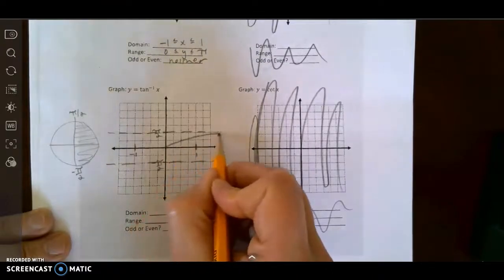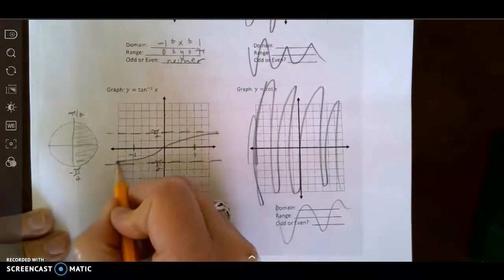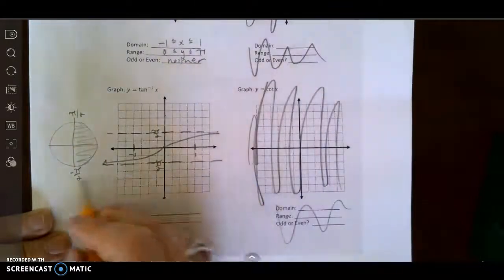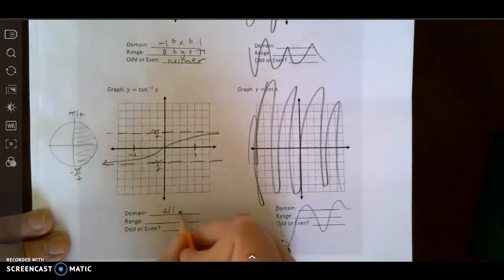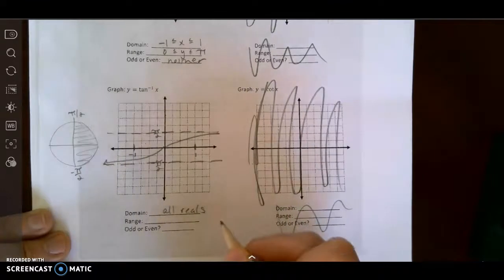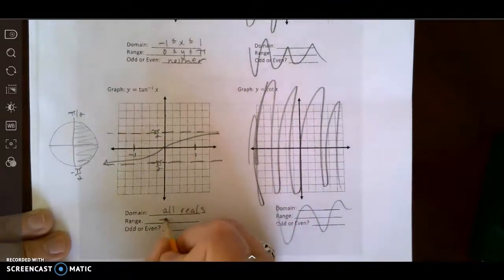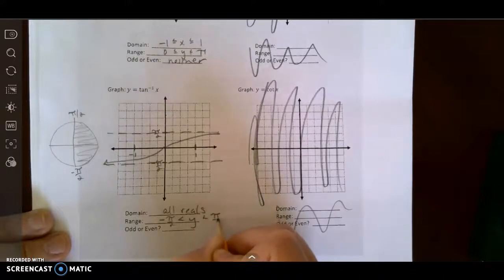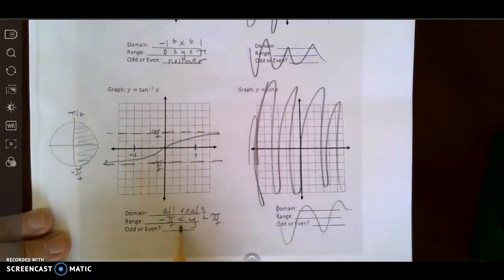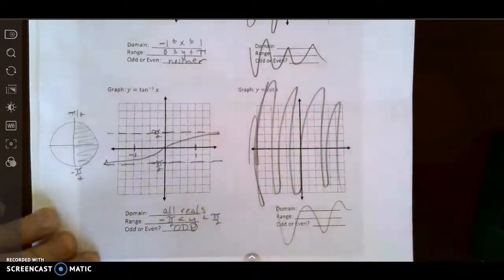And I always bend towards the asymptote. My domain is all reals. My range goes from negative pi over 2 to pi over 2. Notice that I didn't put equal to because of the asymptotes. And this would be odd, rotated around the origin.